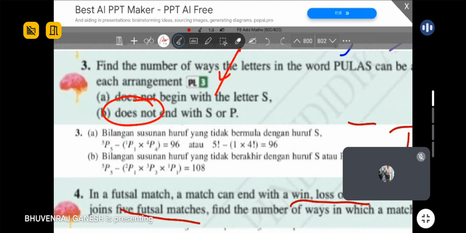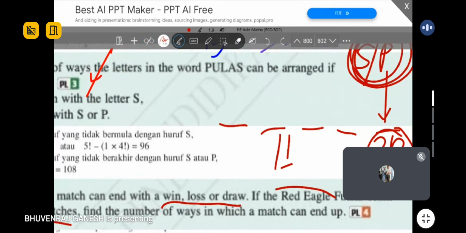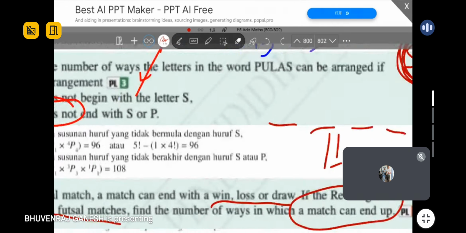Kamu ada 5 perlawanan. They ask you the number of ways the matches can end up. Interesting. Mereka tanya apa kesudahan perlawanan. Kalau ada 5 perlawanan, setiap perlawanan ada menang, kalah atau seri. So macam mana buat yang ni? How to do this?